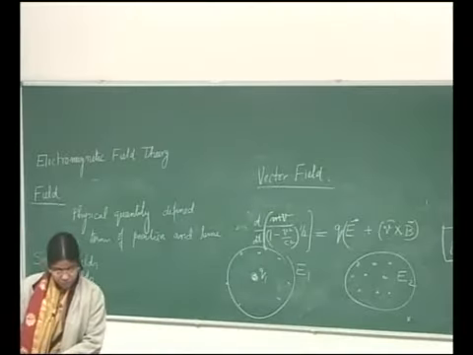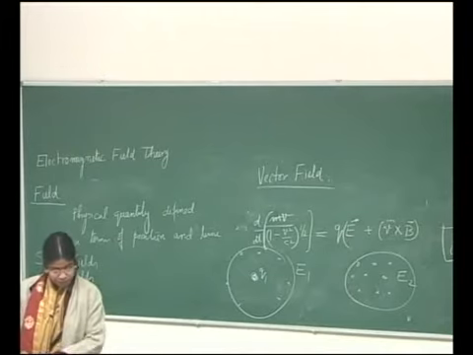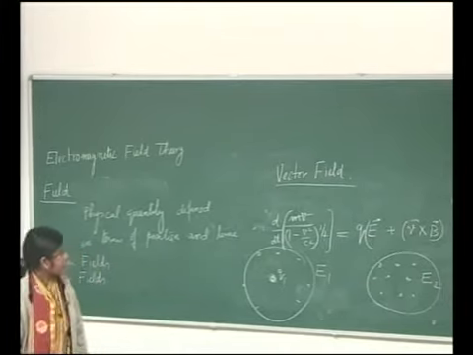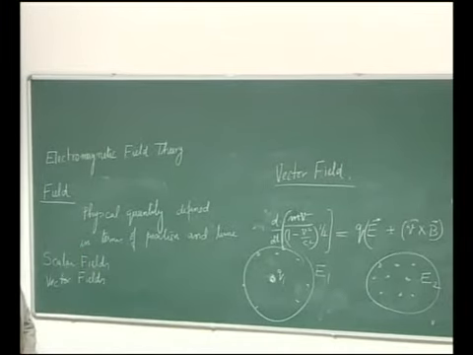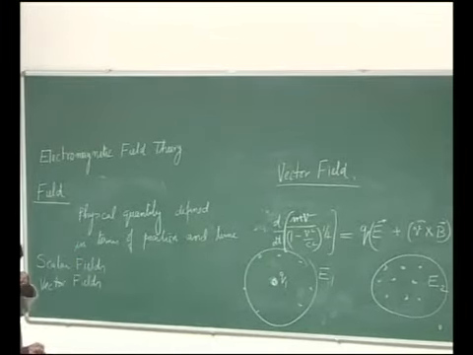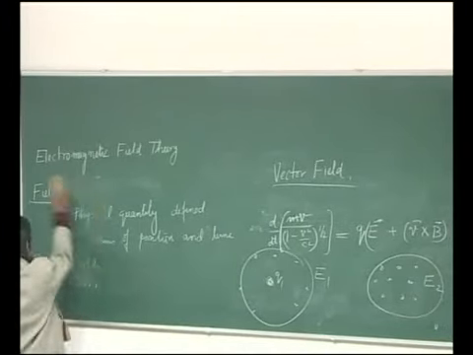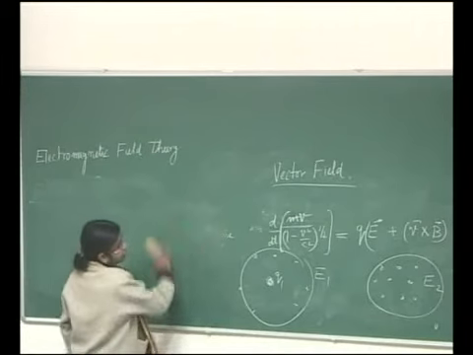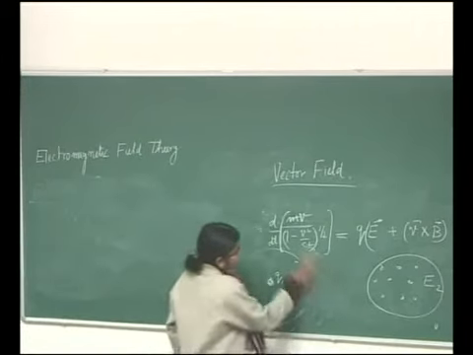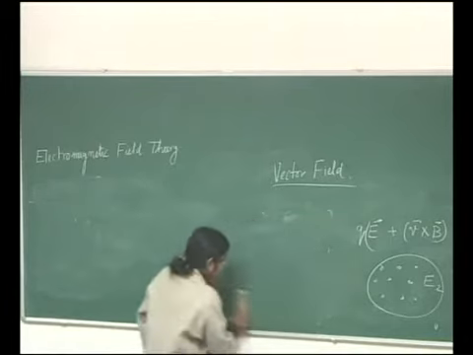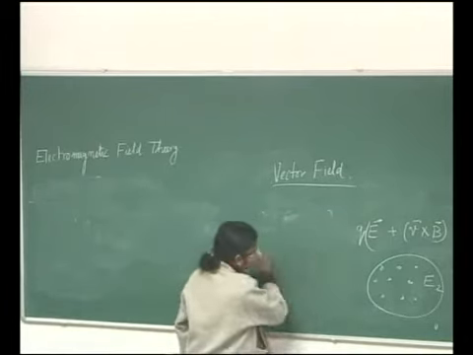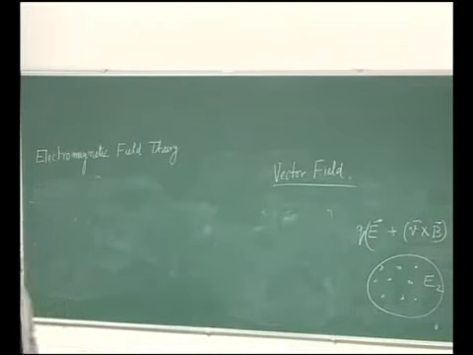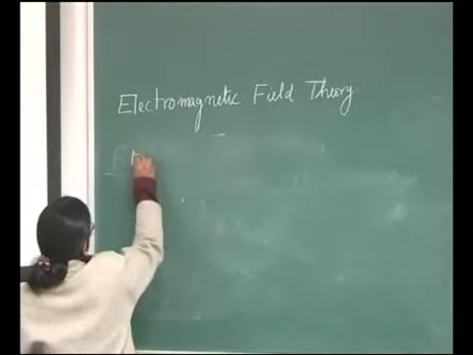Now to move a little further, we will discuss certain mathematical quantities which are important to understand this course of electromagnetic field theory. The whole electromagnetic field theory is based on just 4 equations, the famous equations called Maxwell's equations.